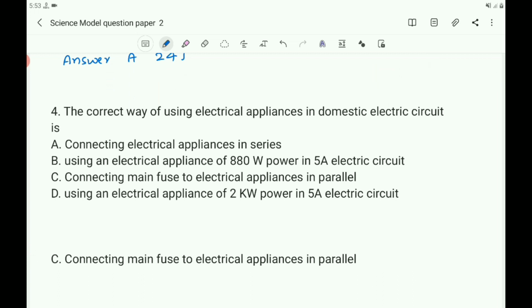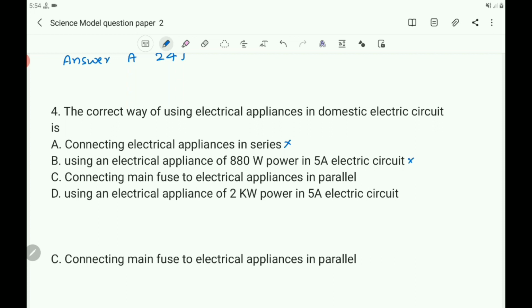Correct way of using electrical appliances in domestic electric circuit is. First one is connecting electrical appliances in series. It is not a correct way. Using an electrical appliance of 800 watt power in 5A electric circuit, it is also not fair.